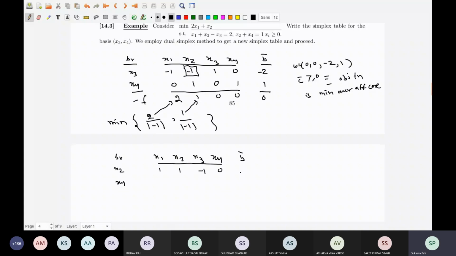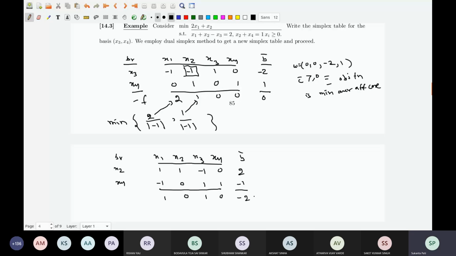And this one has to be changed to 1 0 kind of a thing, so I have to add that. So -1 0 1 1 -1. That is fine. And the one below x2 in the C bar row also has to be converted to 0. So that will be 1 0 1 0 -2.